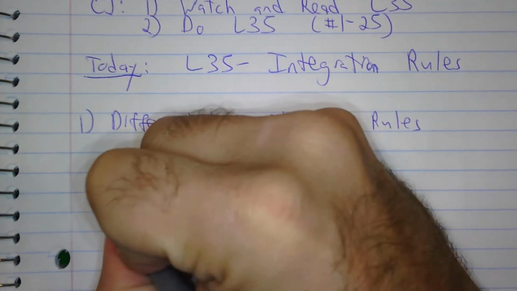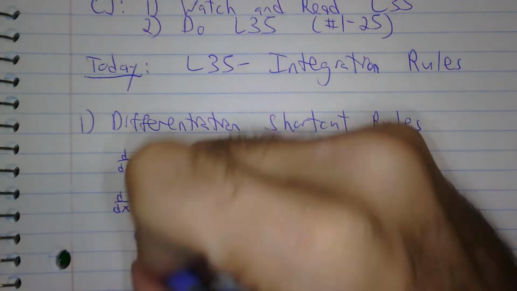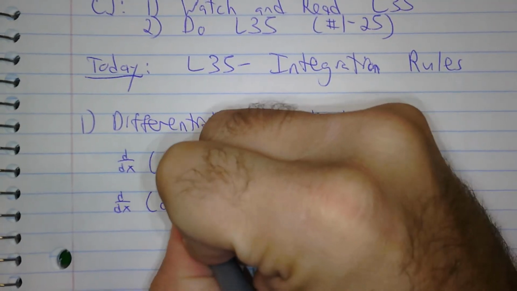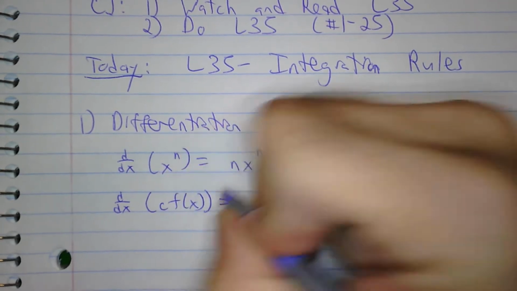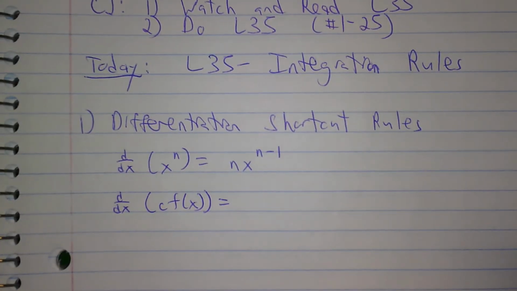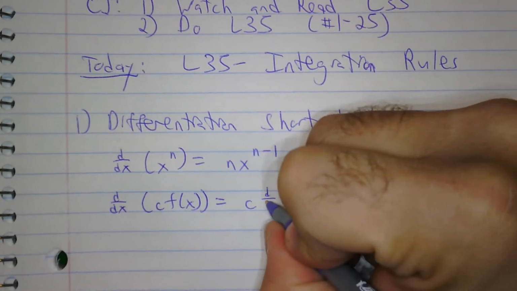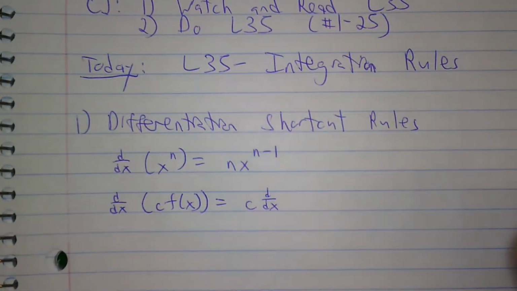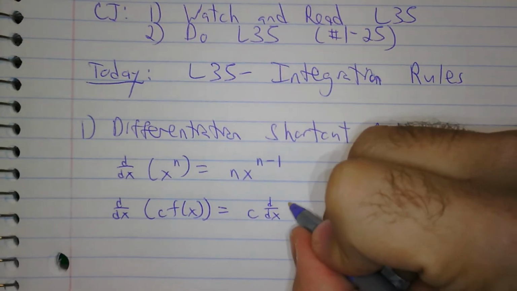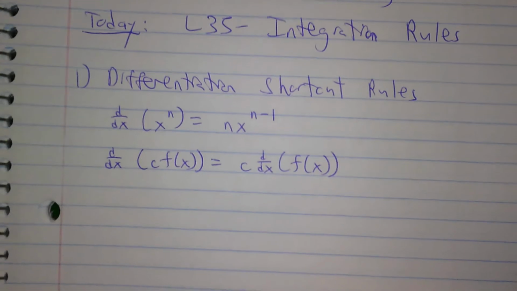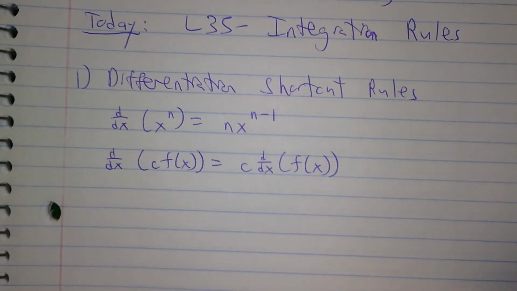If I said d dx, differentiate with respect to x, c, which is some constant, times a function f of x, how could you rewrite that? Yeah, you can pull the constant out. You can always pull a constant out of a derivative. Never a variable, but you can always pull out a constant. So you get this, the constant times d dx of f of x.